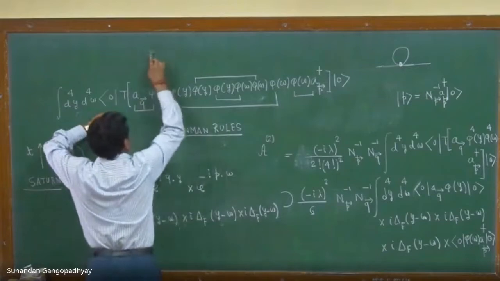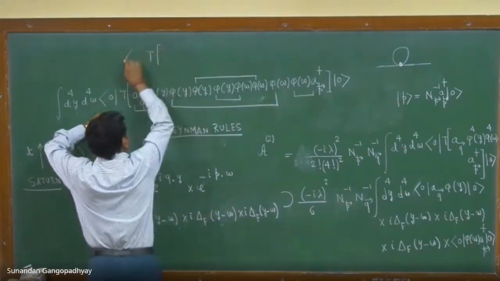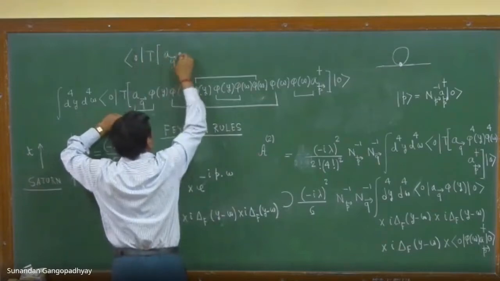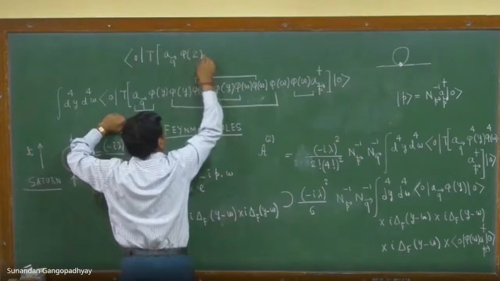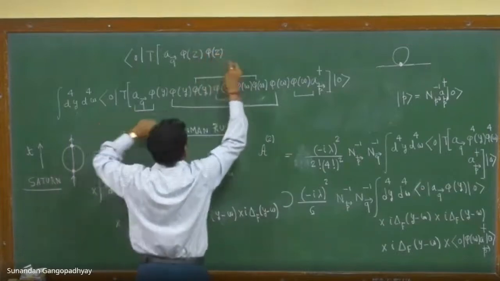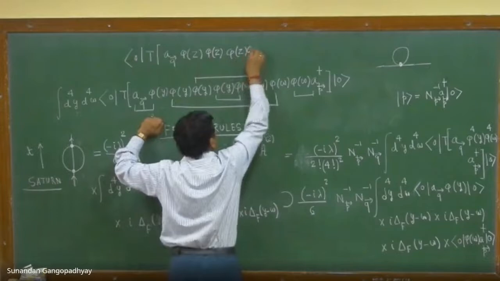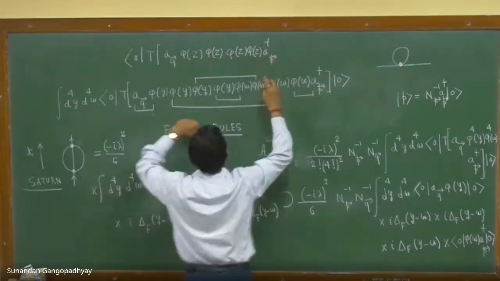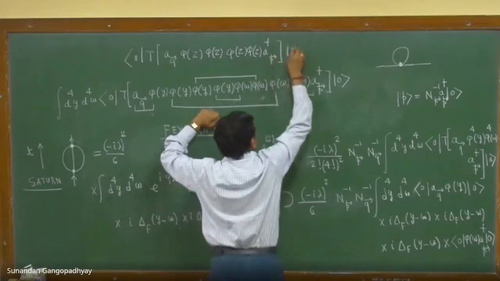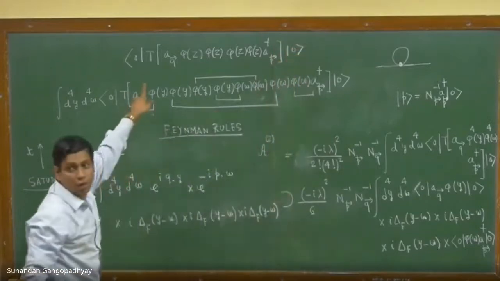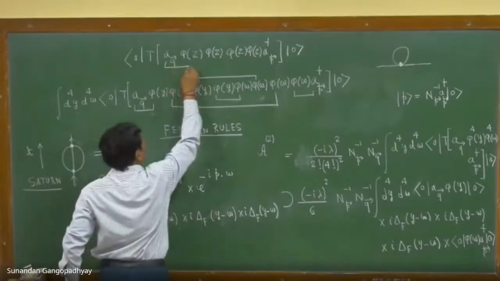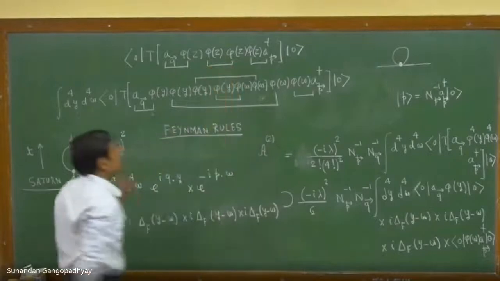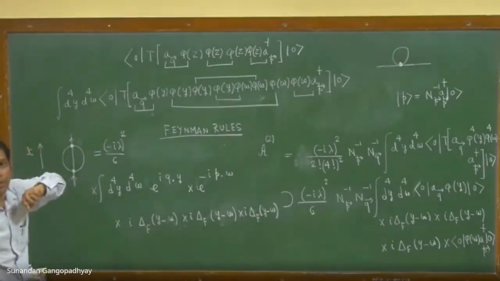It was basically the time-ordered product vacuum expectation value of A, phi z, phi z, phi z, phi z, A dagger. So this was the first order term, and here we contracted this with this, and the only contraction possible is between the 2 remaining phi's contracting at the same point.